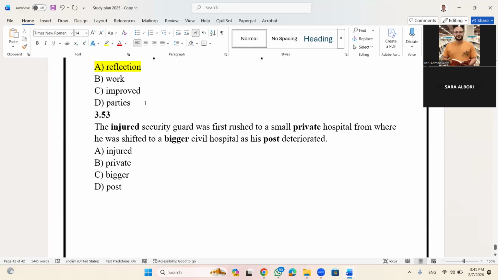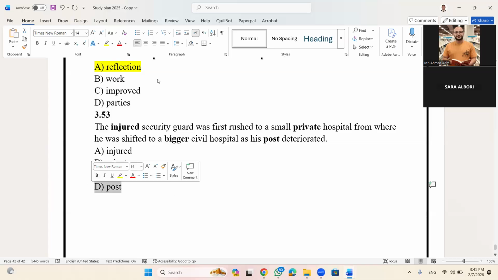Next one. The injured security guard was first rushed to a small private hospital from where he was shifted to a bigger civil hospital as his post deteriorated. Not post.